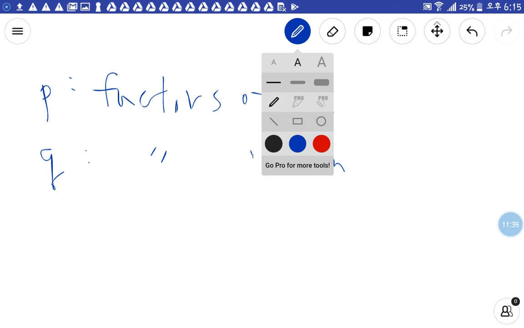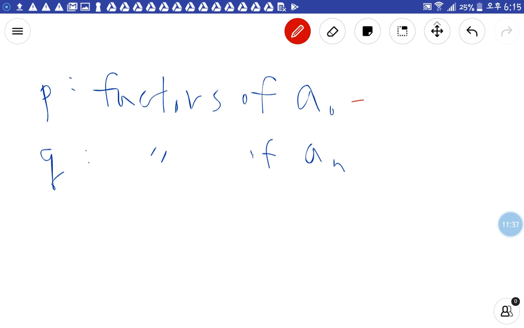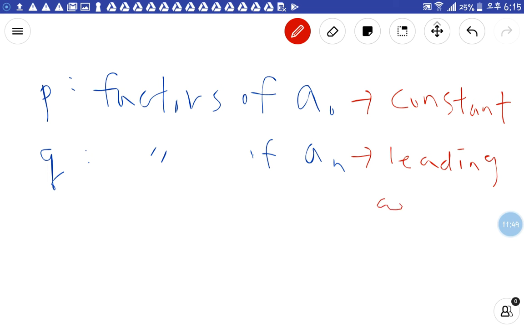So look, this one is our constant, which is our last number, and a_n, which is our leading coefficient. So think about the factors of the leading coefficient and of the constant.